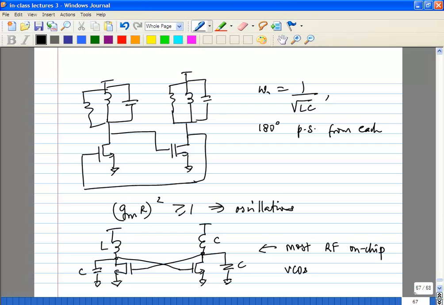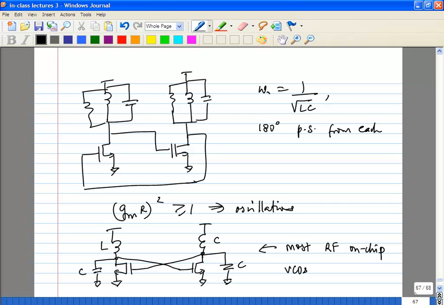So most of them follow some form of this circuit. Okay, so we'll stop here. Next class we'll take a look at the circuit and different forms of the circuit. Then we'll move on to other RF oscillators. This is called the cross coupled oscillator, and you can see why.